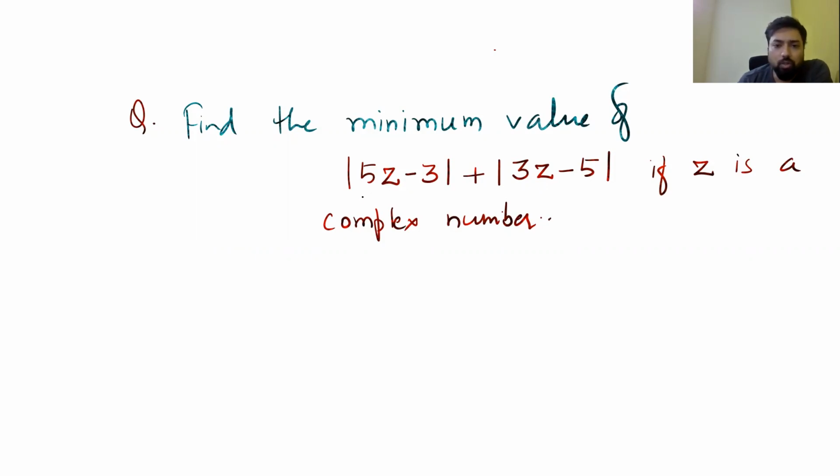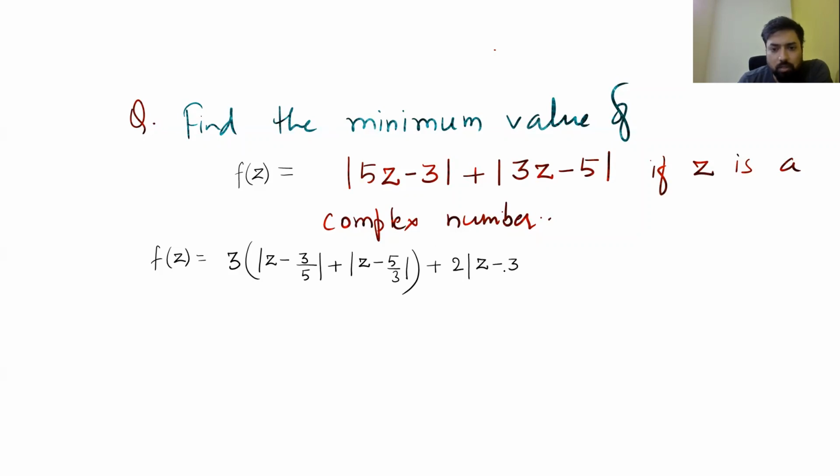Eventually we can rearrange this expression, let's say this expression is f of z, as f of z is equal to 3 times mod of z minus 3 by 5 plus, I'm writing it as, mod of z minus 5 by 3, plus, now see, 3 times I've consumed over here, so 2 times is remaining, so I can write 2 times of mod of z minus 3 by 5.